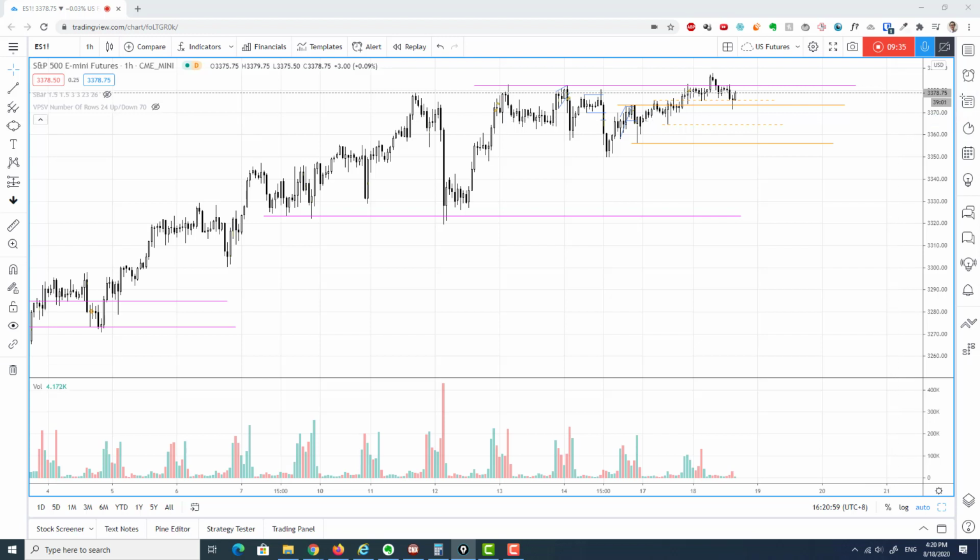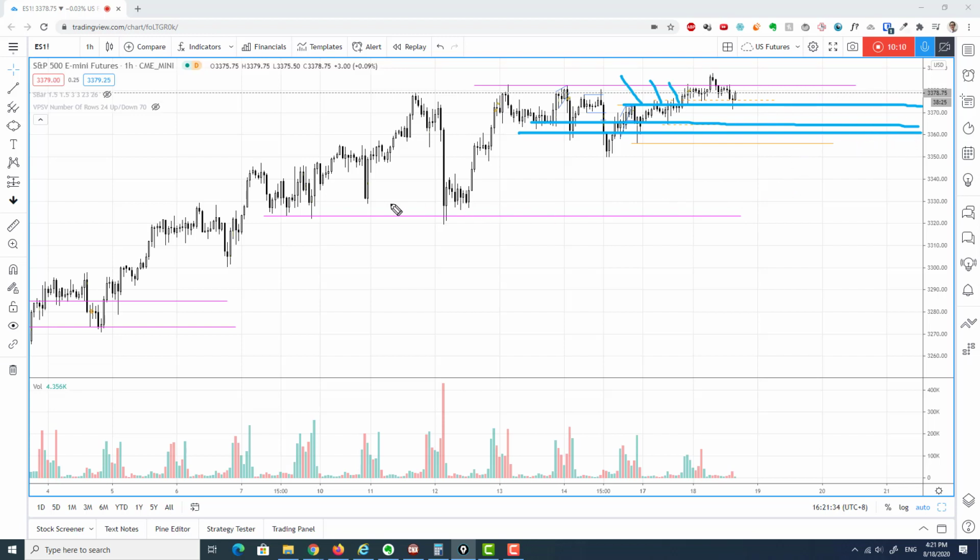Otherwise, for the key levels, the immediate supporting levels will be this quite minor level at around 33.70 based on a bit of the structure here, and the next level will be around 33.60 to 65. So this could be the next level to watch. The immediate supporting levels will be at least these two levels, 33.70 to 33.60.